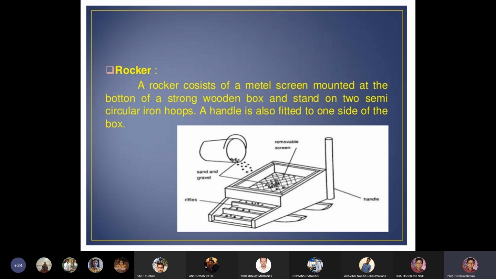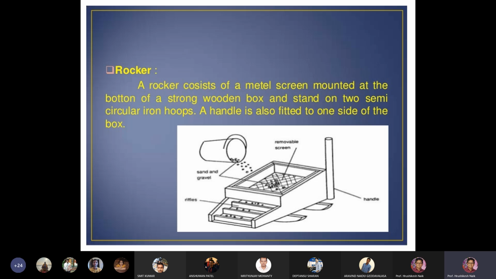Then you can use the rockers. This is a rocker system. Rockers can also be used for lesser deposits. A rocker consists of a metal screen mounted at the bottom of a strong wooden box, standing on two semicircular iron hoops below.